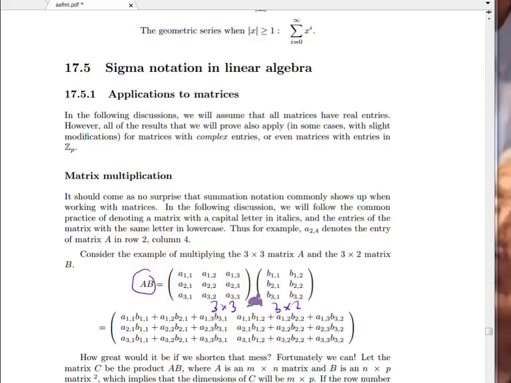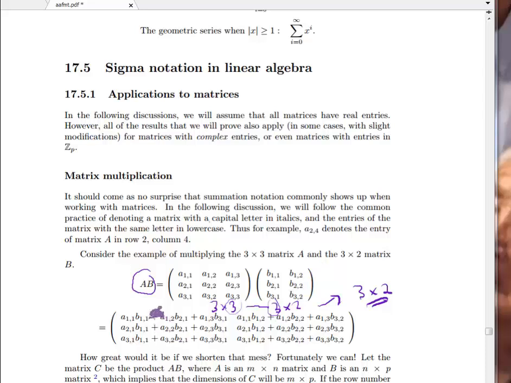You need to check that these two are the same, which they are, and the result is going to be a 3 by 2 matrix. You can do this in general for any two matrices that you're multiplying together.